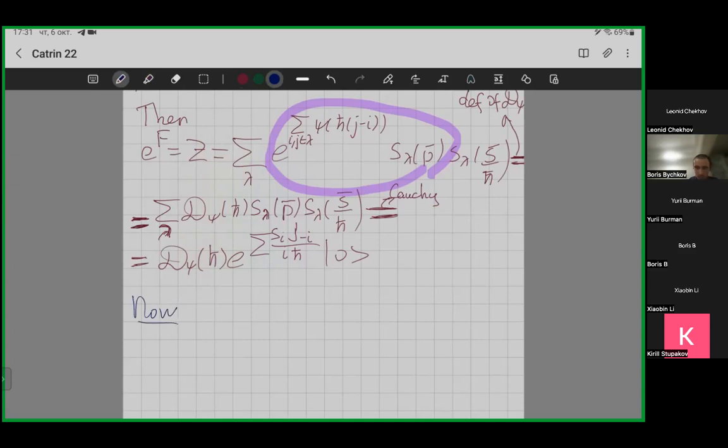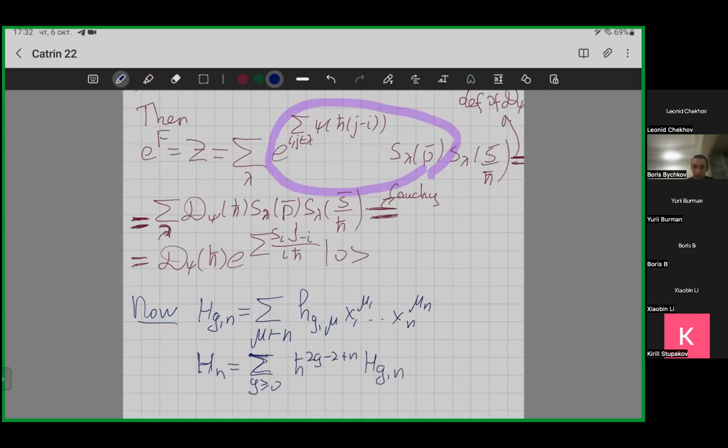What we had was H_{g,n}, the sum over all mu of H_{g,mu} x to the power mu_1, etc., x to the power mu_n, and H_n is a sum over all, I'm not sure that this was the notation, but nevertheless, 2g minus 2 plus n H_{g,n}.